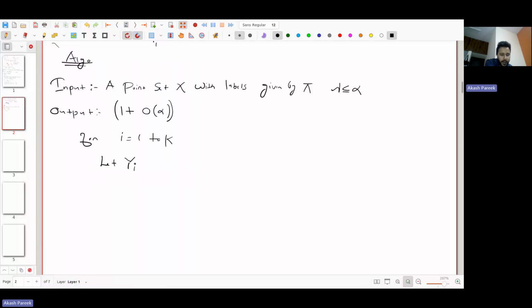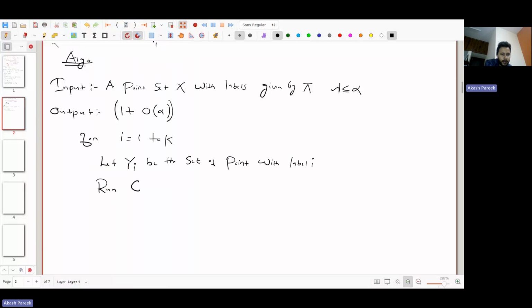I denote them as Yi, the set of points with label i. We know that these points are in d dimension, they are in R^d.